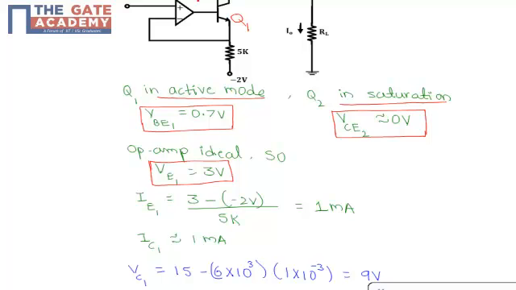The 5K resistance is connected to the emitter terminal of transistor 1. So if you calculate these values, we get 1 milliamp. The emitter current is equivalent to the collector current. So IC1 is nearly equal to 1 milliamp.